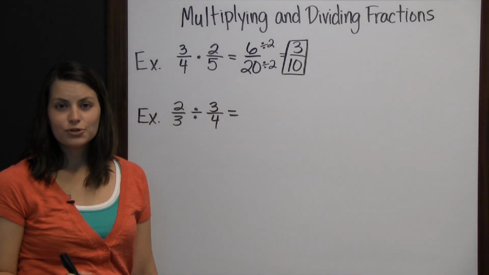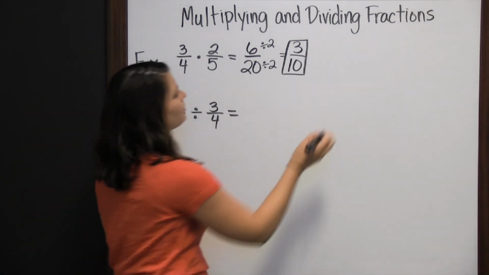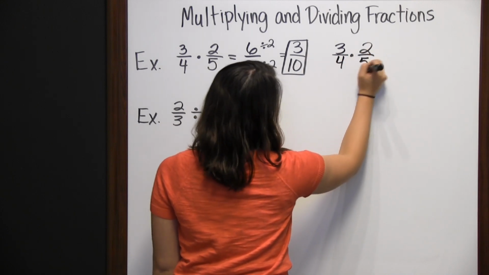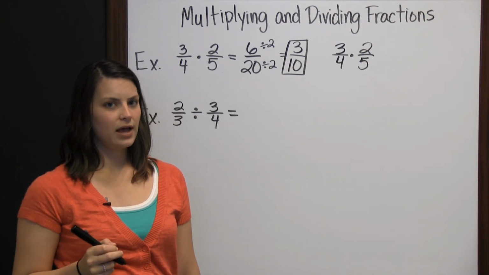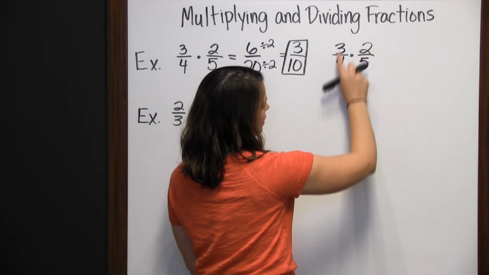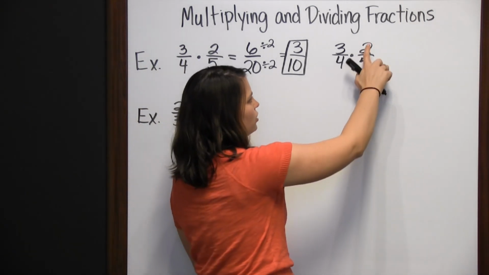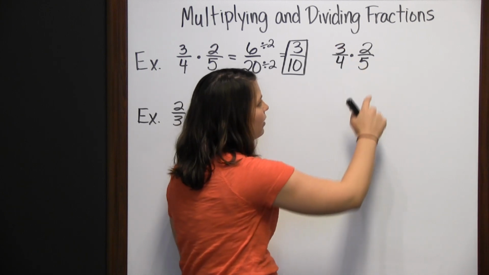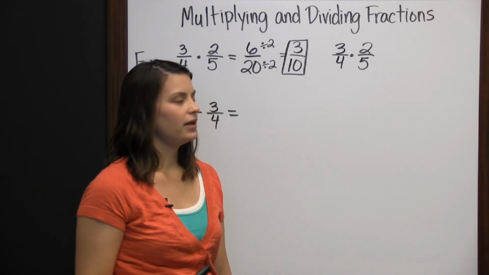Now there is somewhat of a trick or a shortcut when multiplying fractions, so I'll show you that. 3/4 times 2/5. When you're multiplying fractions, before you multiply, look and see if you can cross cancel. When you're cross canceling, you're looking at a numerator and a denominator. So 3 and 5, if we look at 3 and 5, there's nothing we could divide both of those by.